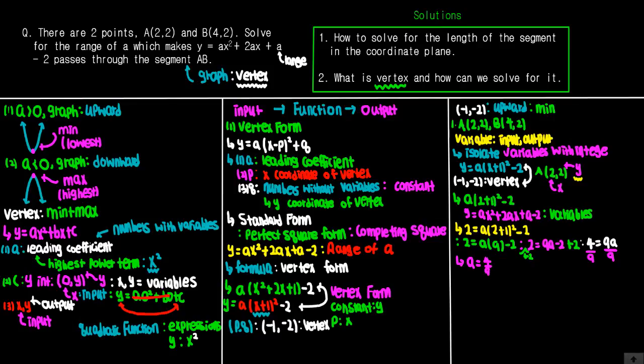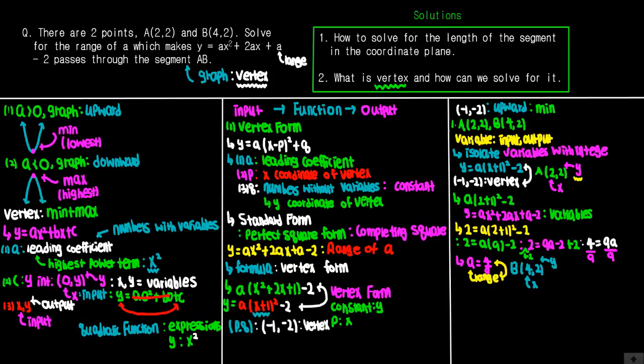So we could solve for the a value, but the reason why they told us to solve for the range instead of the actual value of a was because there are two cases. One case is a equal to 4/9. Another case is when we input the x and y of the second point, the B point. We could see that our B point was (4, 2). The only thing different from point A was our x coordinate: if our x value is equal to 4, our y value is equal to 2.